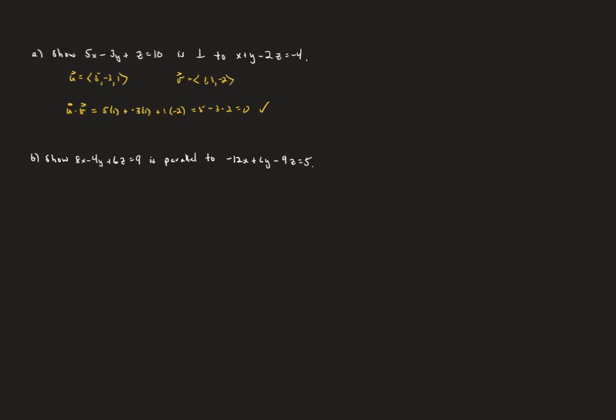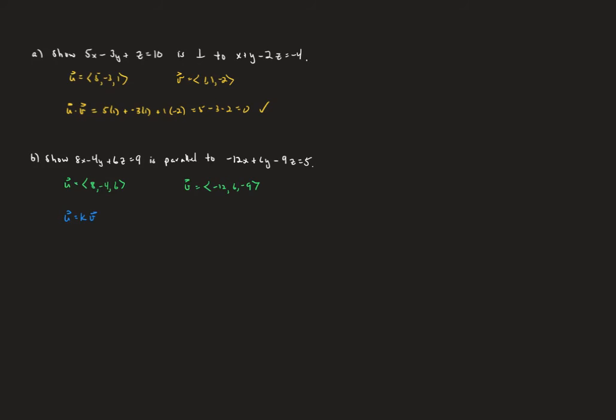Now, going on to part B, to show that the two planes are parallel means we need to show their vectors, their normal vectors, are parallel. So there's our first normal vector to the first plane, and negative 12, 6, negative 9 is the normal vector to the second plane. So to show two vectors are parallel means we have to show that they are multiples of each other.